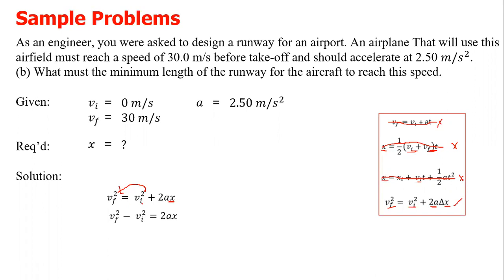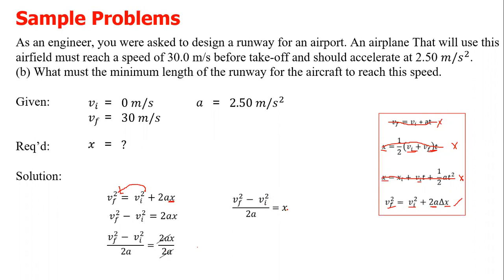And then i-divide natin both sides. So we have final velocity squared minus initial velocity squared divided by 2a is equal to 2ax divided by 2a. So makakancel natin si 2a at ang matitira lang ay si x. Okay? So that is final velocity squared minus initial velocity squared over 2a is equal to x.